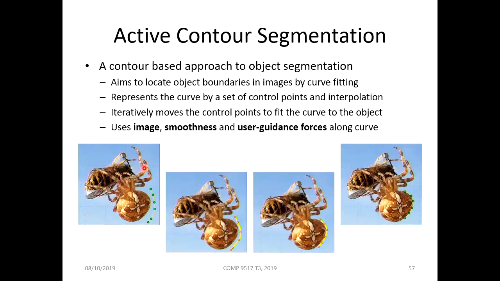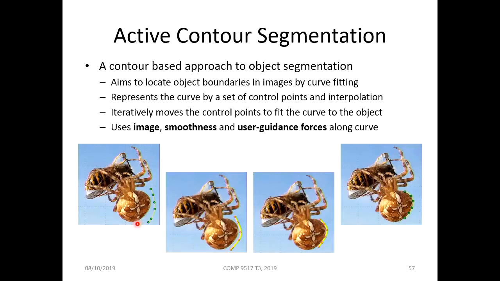One way to do that would be, and by the way, these techniques are very often interactive techniques. They're really developed for interactive segmentation, where you can click a number of points, and then some kind of curve will be interpolated through these points. So you deal with a limited number of control points that determine, in the end, the positioning of the contour, but the rest is interpolated.